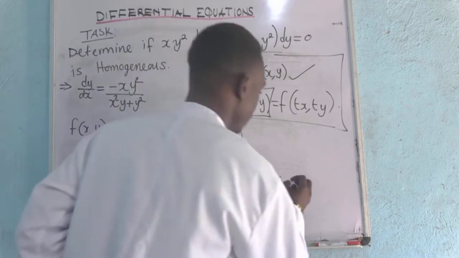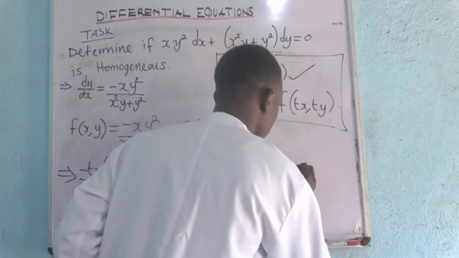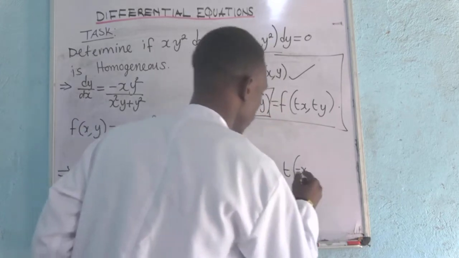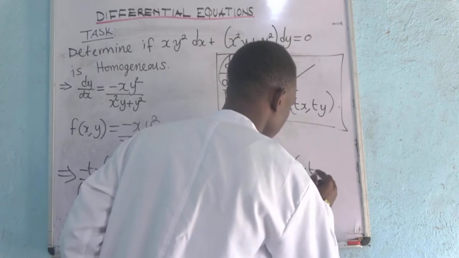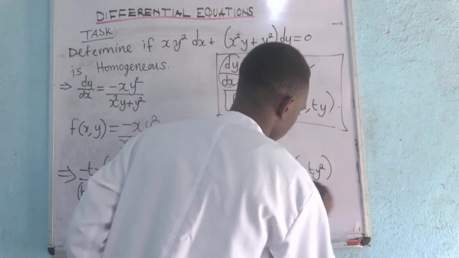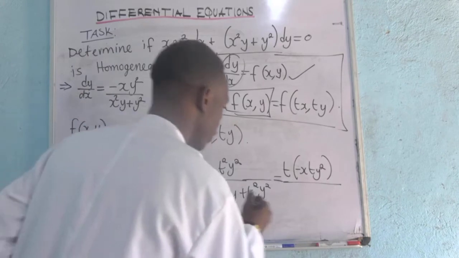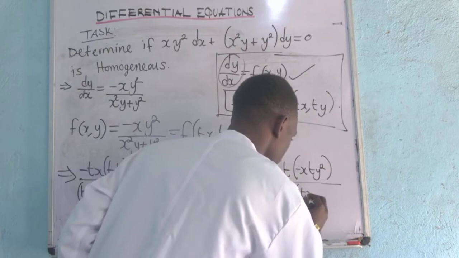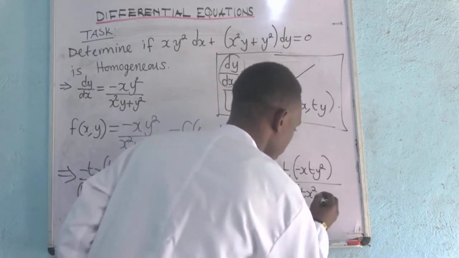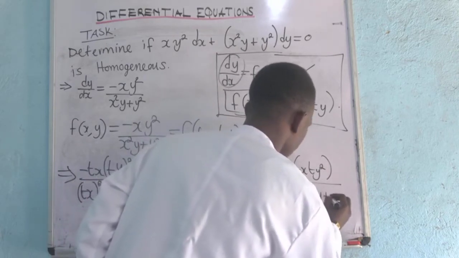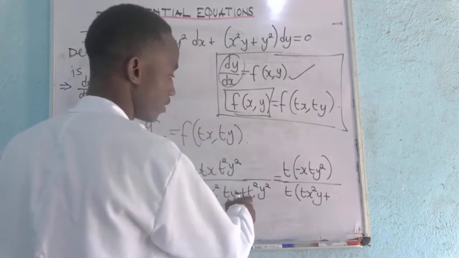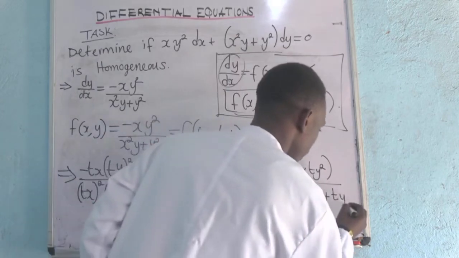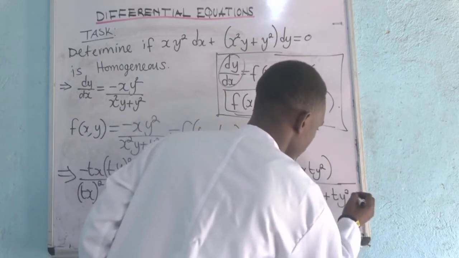So now factoring out a t here, it leaves us with negative x. Then since there are 2 of the t's here, we're going to have one of them like this. Then the denominator can also factor out a t here. This leaves us with a t x squared, and then y plus, so since we've already factored out one of the t's, we only remain with a t and then a y squared like that.